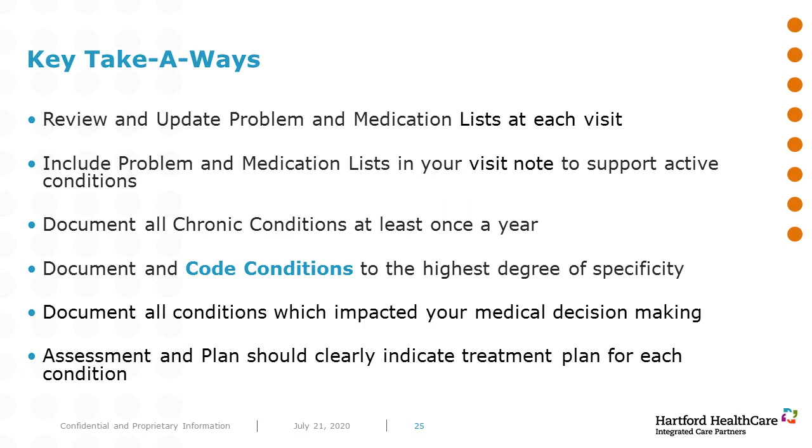So, a patient with diabetes and manifestations, let's not code E11.9, uncomplicated diabetes, when they do have manifestations. Document all conditions which have impact to your medical decision making. Assessment and plan should clearly indicate treatment plan for each condition.